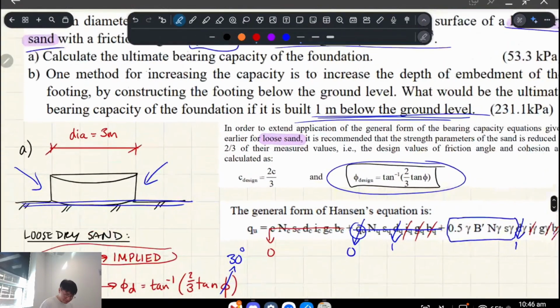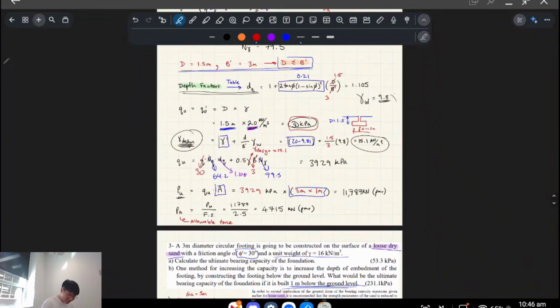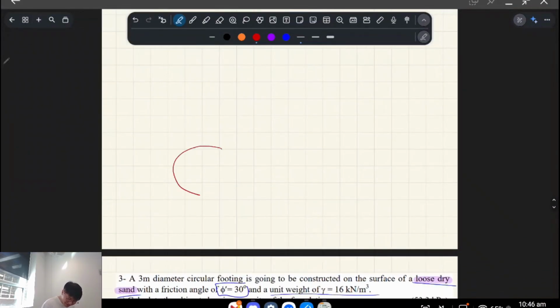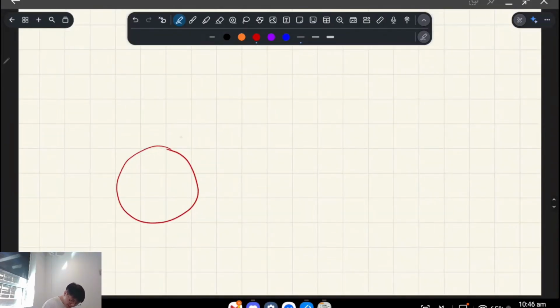Okay, so this seems a bit stupid, but basically, if we're looking down at the circle top down, the diameter was 3 meters.